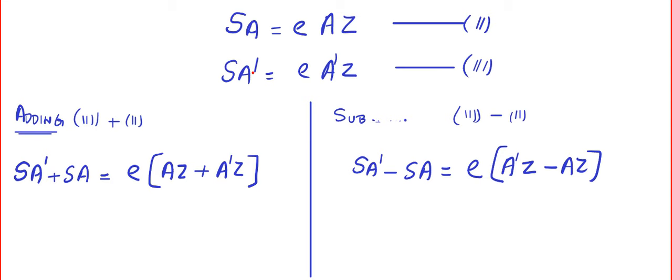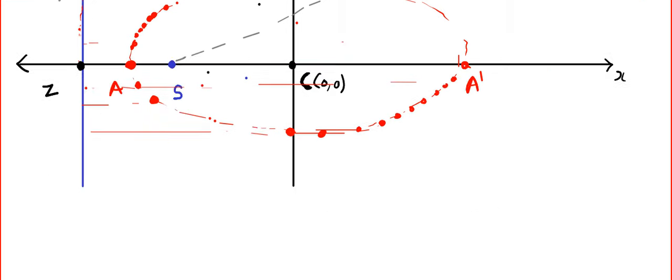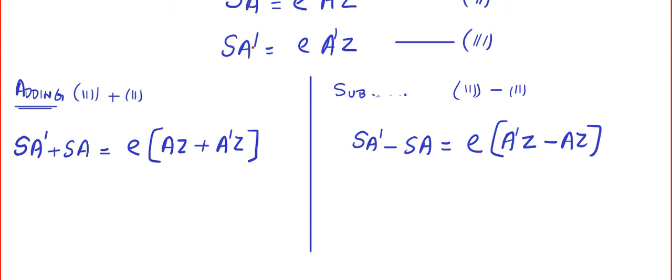So let us analyze SA dash plus SA. So come on, tell me please, what is SA dash plus SA? See, I promised, that is AA dash. That means in the subtraction part, this will be AA dash.